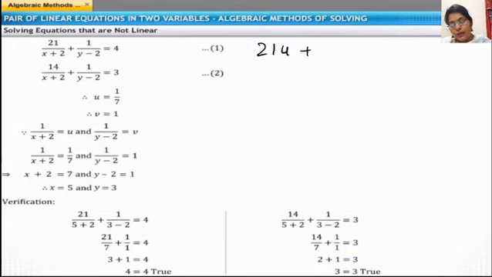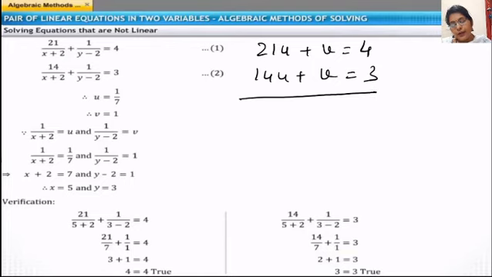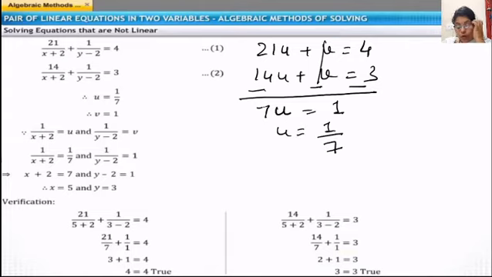21u plus v equal to 4, 14u plus v equal to 3. We'll simply write on solving, and then we'll put the sign. 21 minus 14 is 7, so u is equal to 1 upon 7. We have got the value of u, u is equal to 1 upon 7.